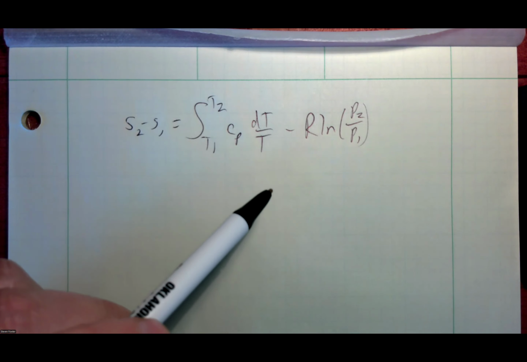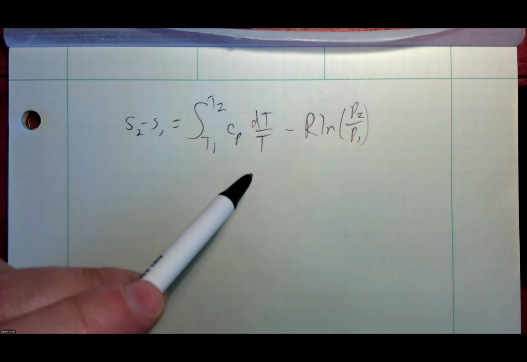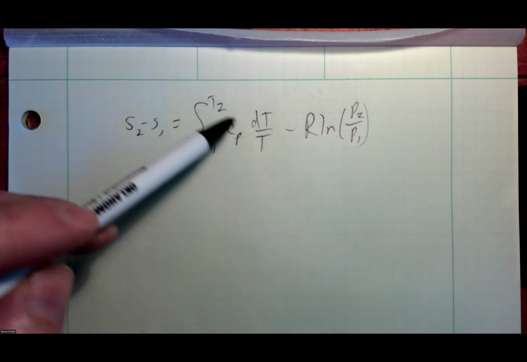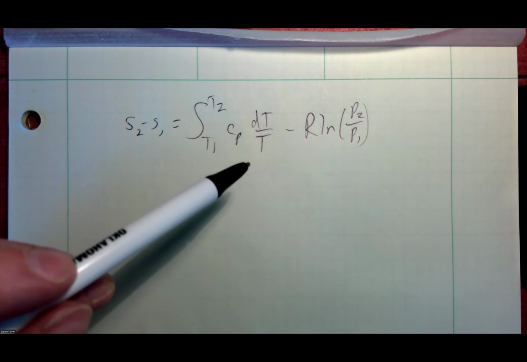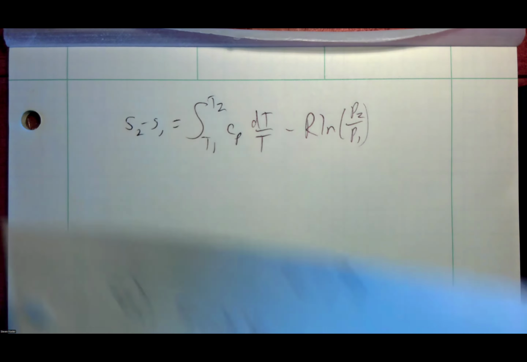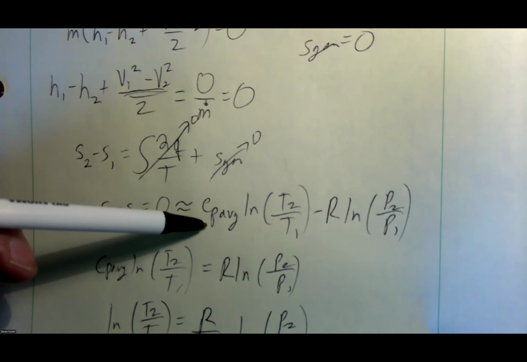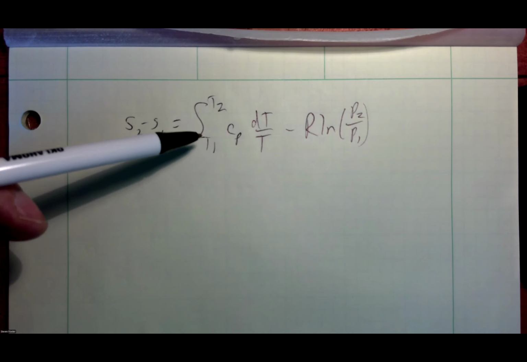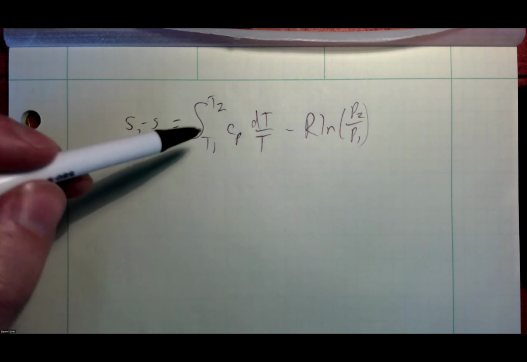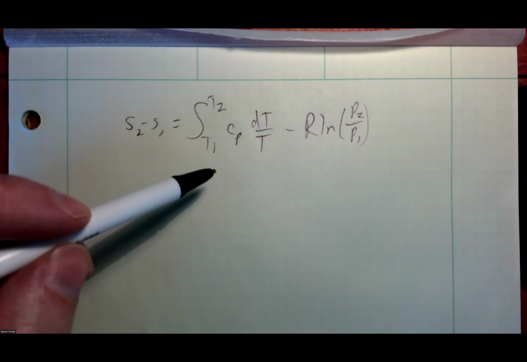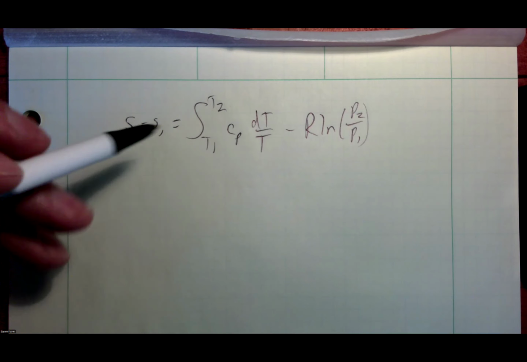There's differences, depending on how they're derived, but this is one version of them. What we normally do is approximate this, like we did in the last problem. We approximate C sub P as constant, pull it out, then it's just the integral of dT over T. That's natural log T2 over T1. But if I leave it as the integral form, this is what it looks like.